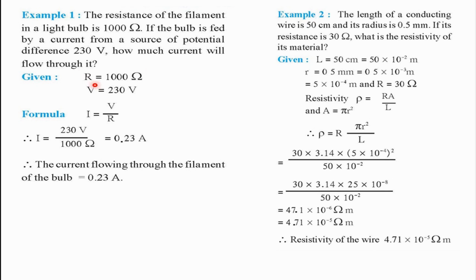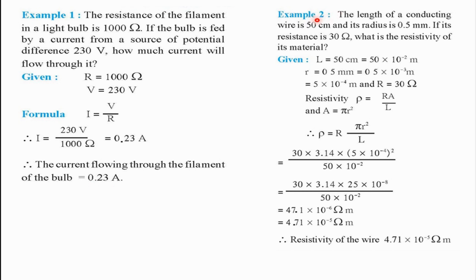Resistance is 1000 ohm, voltage is 230 volt. Substituting the values, I will be equal to 0.23 ampere. So when the resistance is 1000 ohm and the potential difference is 230 volt, the current flowing through the bulb will be 0.23 ampere.